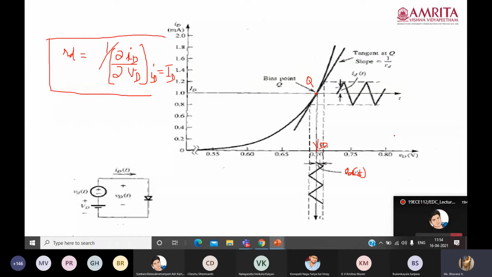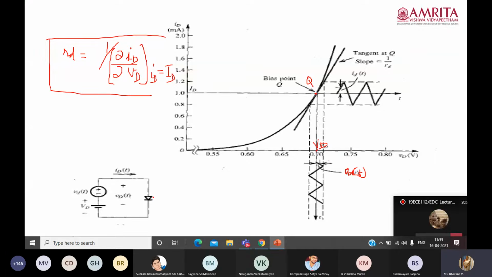So how can you obtain the small signal equivalent circuit? In the small signal equivalent circuit, will you have any DC sources? For every model we have drawn the equivalent, right? Now my question is, if you want to draw a small signal equivalent circuit of this diode model, will there be any DC sources present? What do you mean by small signal analysis?